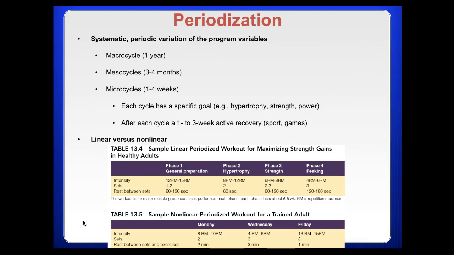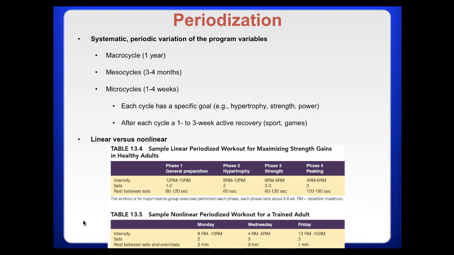And as the year continues, our volume is going to decrease, but intensity is going to increase. Once you finish these 4 phases, people are encouraged to participate in what's known as active rest, meaning they're doing recreational activities or low-intensity resistance training so that you decrease the chance of overtraining.